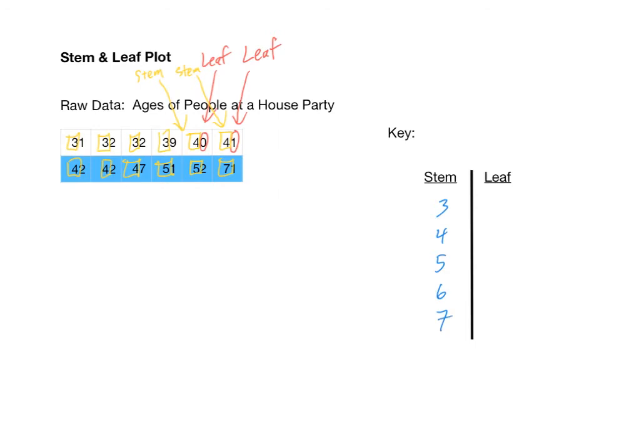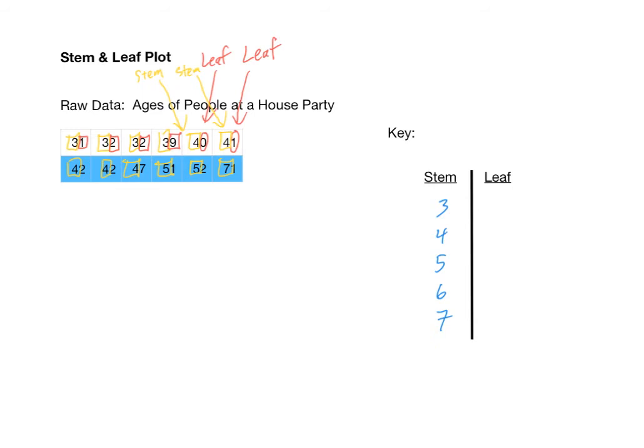And then within each stem, we'll focus on the 3 stem right here, we put the leaves next to it. And if there are any repeated leaves, we put them in there, and we also put them in order. The leaves in this data set that go with a stem of 3 are 1, 2, another 2, and a 9. So we're going to put those leaves in next to the stem of 3 in order, also repeating anything that repeats.